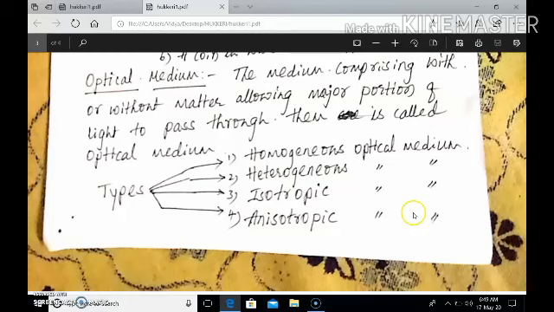Homogeneous optical medium. If the optical density of the medium is uniform throughout the medium, then the medium is said to be homogeneous optical medium. If the optical density of the medium is different at different regions, the medium is said to be heterogeneous optical medium.